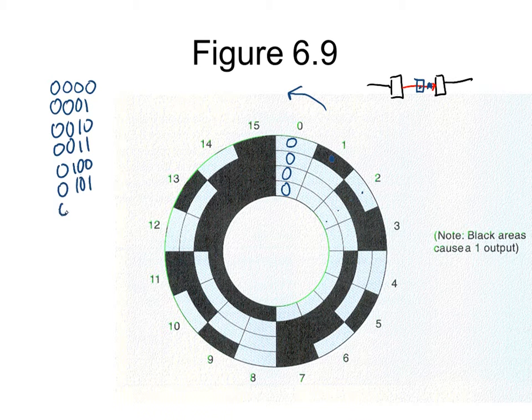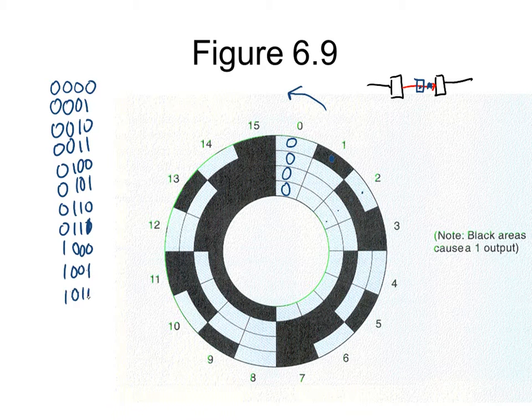This is a 5. This is a 6. This is a 7. This is an 8. This is a 9. This is a 10. There's 11, 12, 13, 14, and 15.